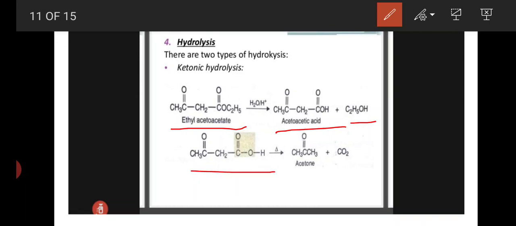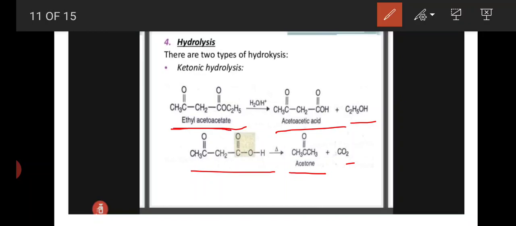On heating, acetoacetic acid loses carbon dioxide gas and forms acetone. This hydrolysis is called ketonic hydrolysis. Why is it ketonic hydrolysis? In this reaction, a ketone is formed. That's why it is called ketonic hydrolysis.